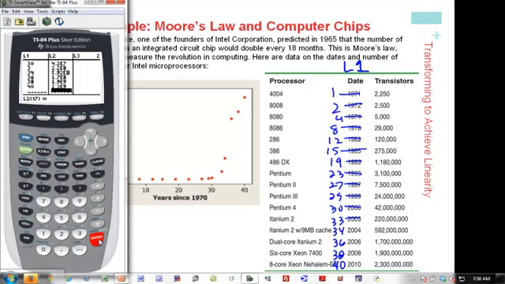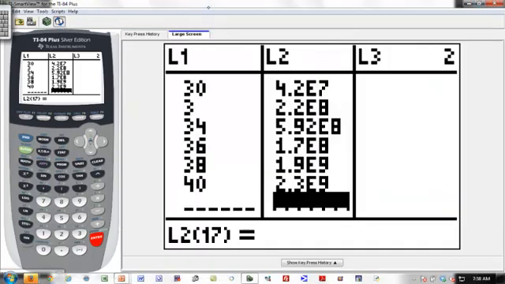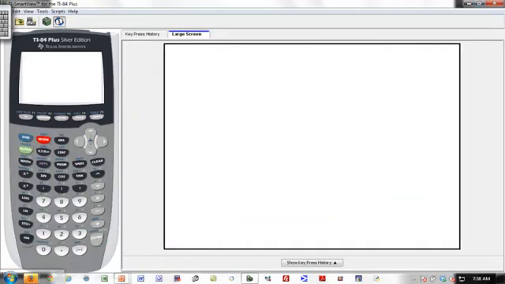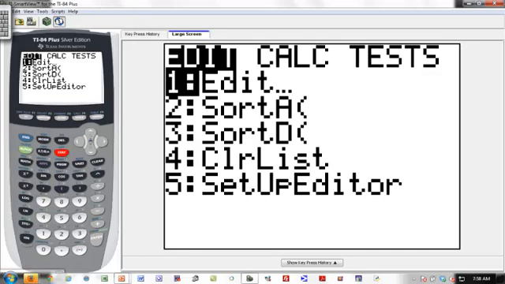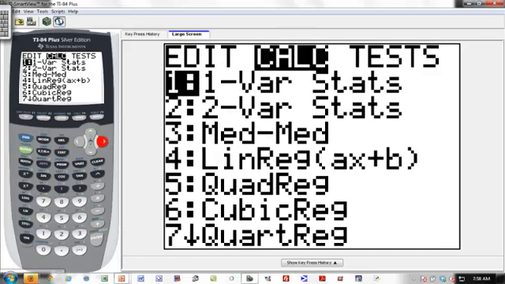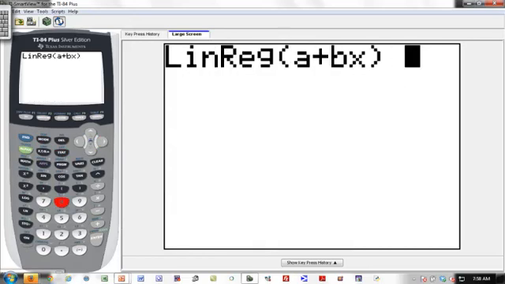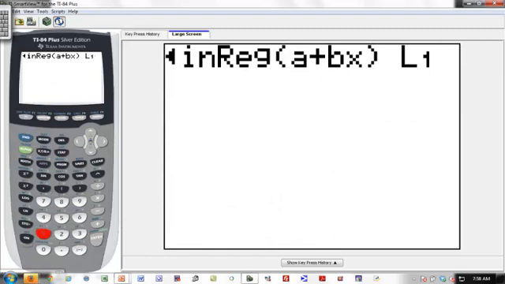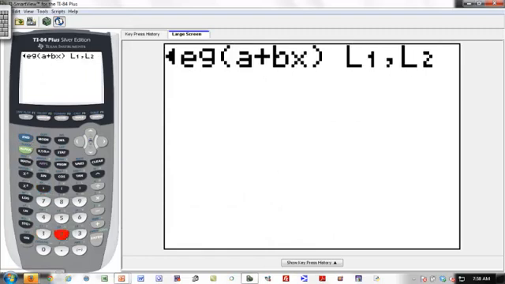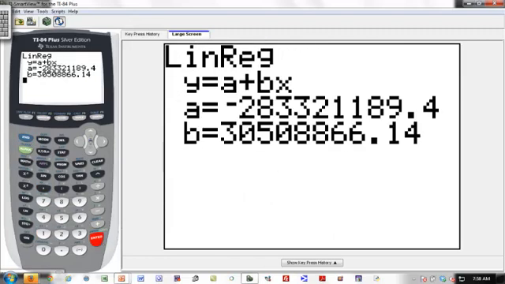So let me remind us where that comes from. Second quit. Residual plot is under stat, calc, and we use option number 8. And we're going to use L1, comma L2. So there's our regression.